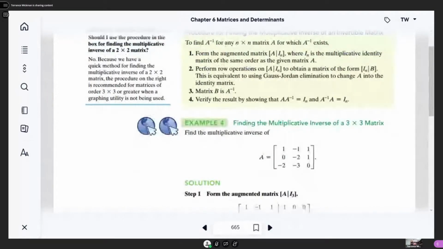Number 4 says we have a 3x3 matrix. Now, this is a little more complicated. Not in the sense for us, because we're using our calculator, but certainly in the sense if you were to use the manual method, it makes the complexity lots more challenging. But let's do this with our calculator.